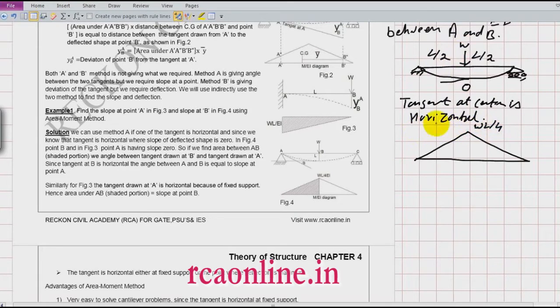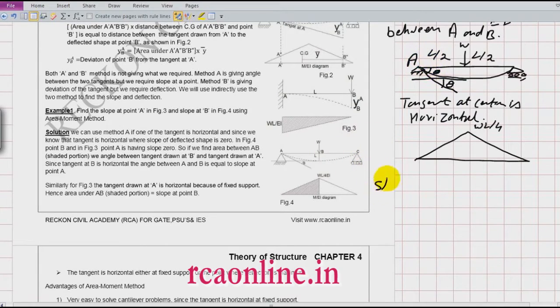Now if you see, this tangent is horizontal. Pardon me that I am unable to draw a straight horizontal line, so please cooperate with me in this part. So the tangent drawn at B, at the center, is horizontal. Now if I draw a tangent at point A, then this angle theta will be the slope at A. Is it okay?